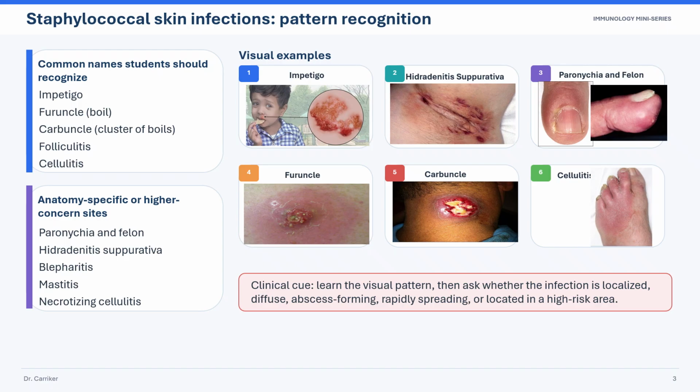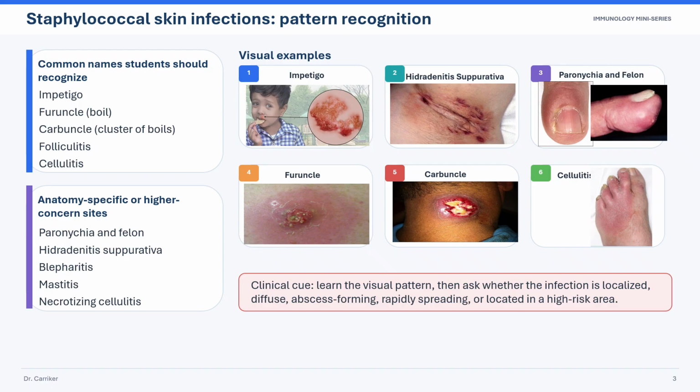Let's jump over. Not pictured here, but folliculitis, is an inflammation of hair follicles, often bacterial or sometimes fungal. And pictured there, number six, is cellulitis, which is a diffuse skin and soft tissue infection that causes redness, swelling, and pain.